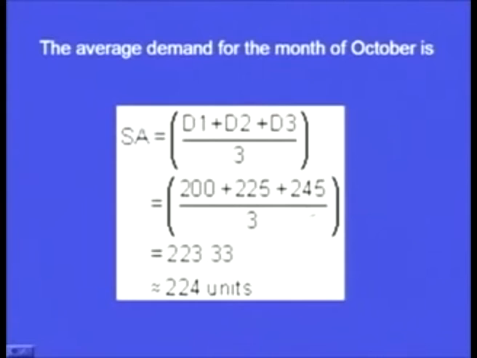So we may say that it can be more than 245 in the month of October, but the simple average method, not the moving average, I am here only giving a problem, that is simple average. A simple average method is forecasting 224 units, which may be wrong. So, in order to further study how this type of discrepancy can be overcome, we will see some other methods of forecasting like the moving average method and the exponential smoothing method.